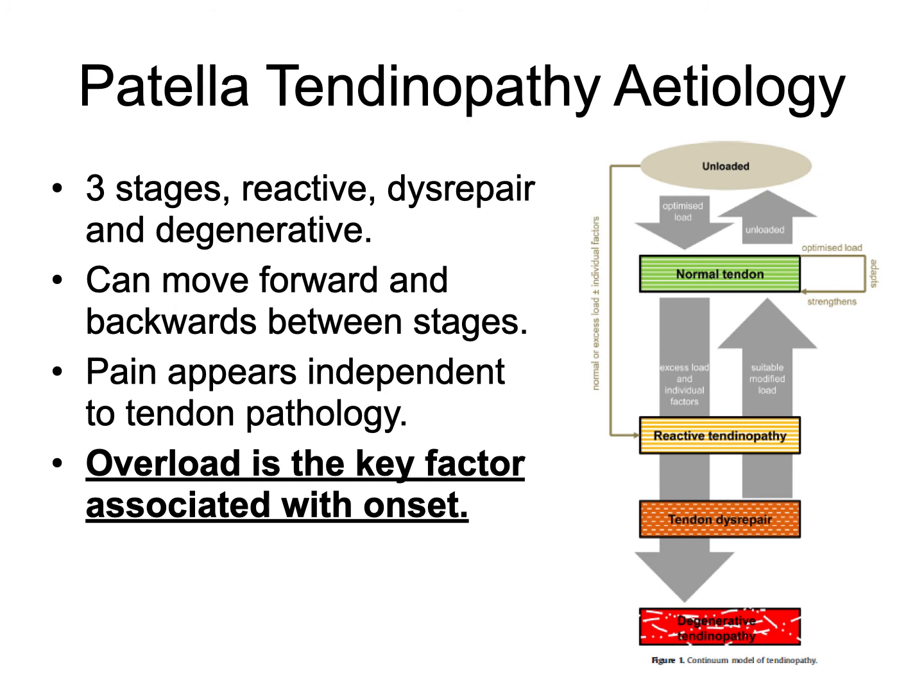As underlined here, overload is a key factor associated with the onset of that. And overload is defined as an activity above which the tendon has adapted to at that point in time. So it's often caused by a sudden increase in training and return, say, from a holiday, without a gradual return to regular training.